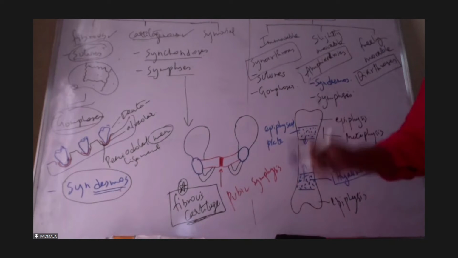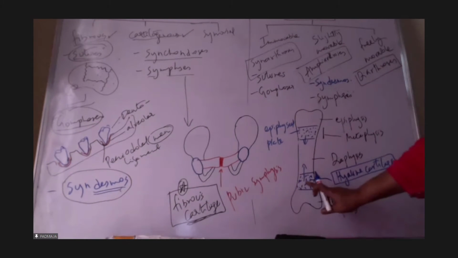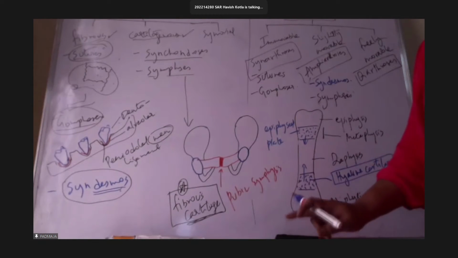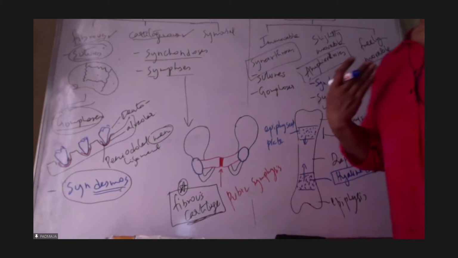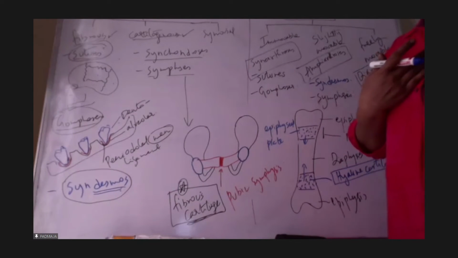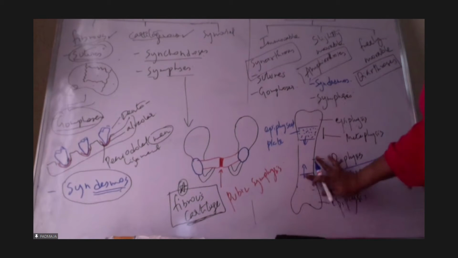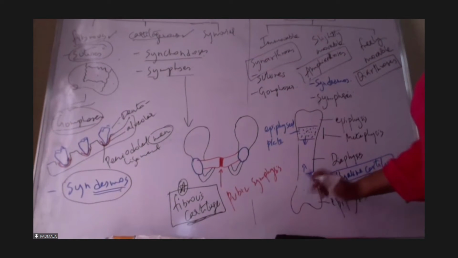But once we become adult, what happens to the plate? It is left as one line. Suppose if my bone X-ray is taken, only here we could see a thin line-like structure.